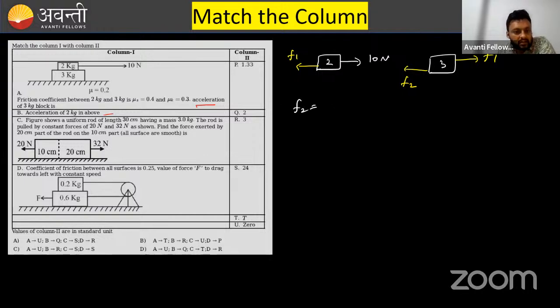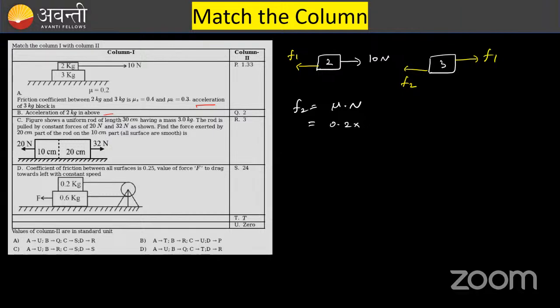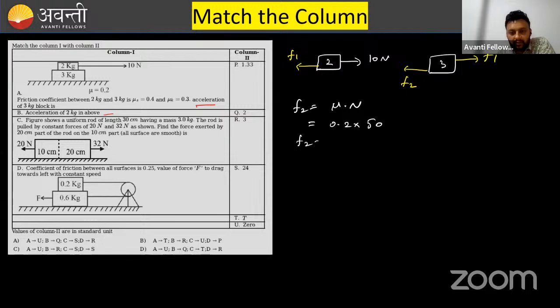F2 is coefficient of friction of surface, mu into N. Mu is 0.2 and normal reaction at this point will be, कितना होगा normal reaction? 20 या 50? 50. So F2 is coming out to be 10 Newton.